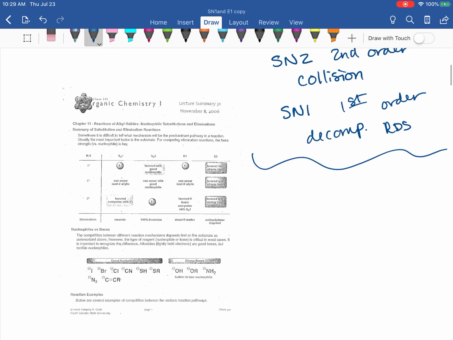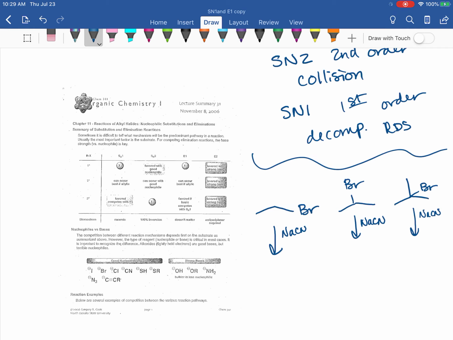Well, let's go back to our Sn2 examples. If I were to take an electrophile that was primary versus secondary versus tertiary, how did I spot an Sn2? I had a really good nucleophile. So what if we had something like cyanide, and then a really good solvent like DMF?